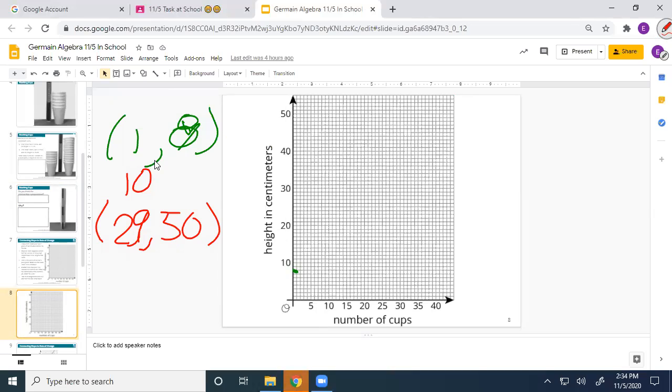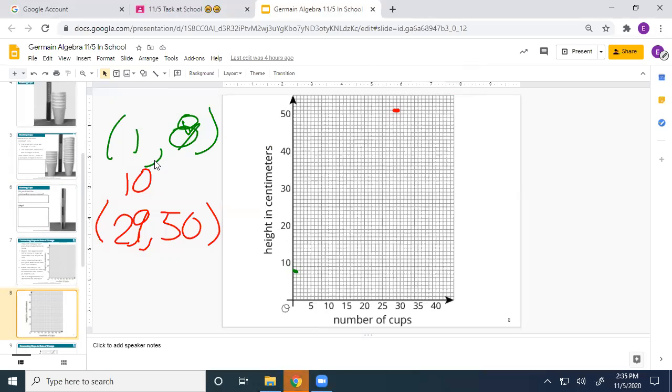So over to 29, up to 50. I'm going to come right in front of you guys. Sorry, guys. Let me come back in with my eraser. So I have 2 data points here. Do I have enough to create a line? I have 2 points.